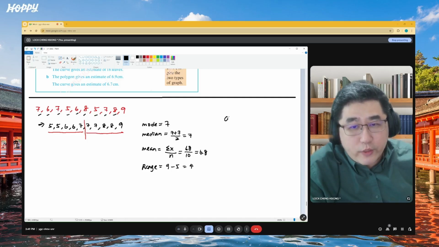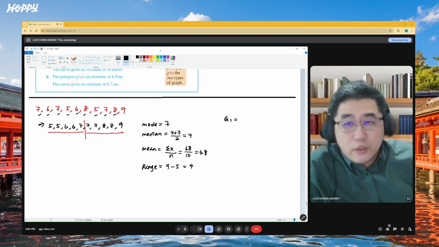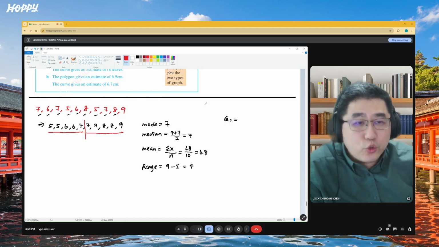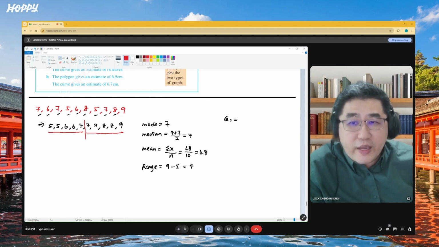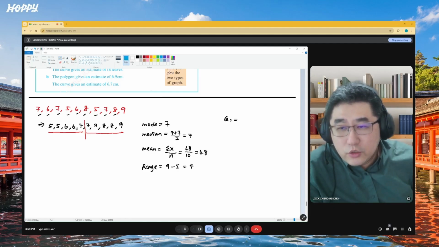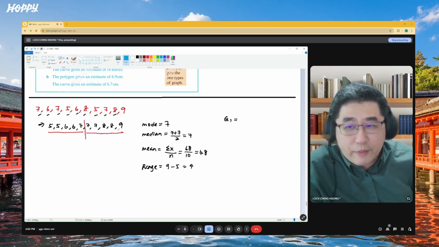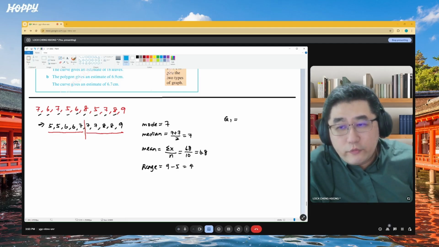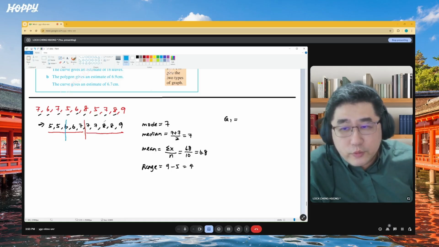Then I have Q1. Q1, Q2, Q3 are the numbers that separate the data into 4 equal parts. I already used this red line to split the data into lower 5 and upper 5. Then from the lower 5, I split into half again, and from the upper 5, I split into half again.